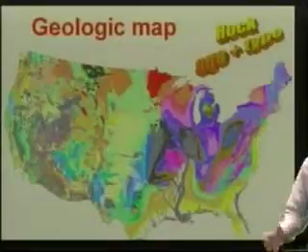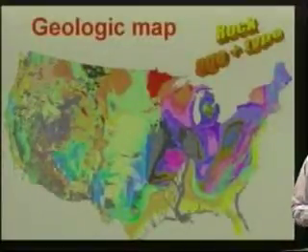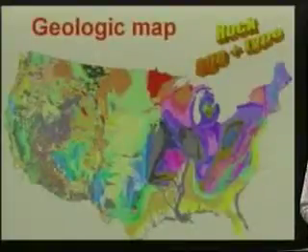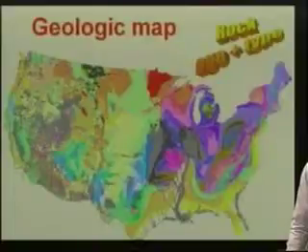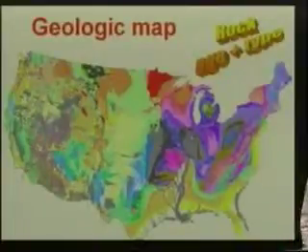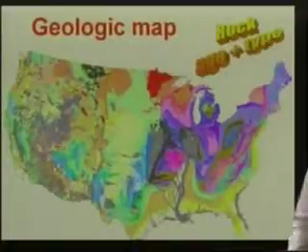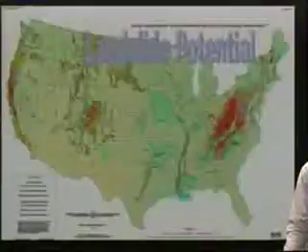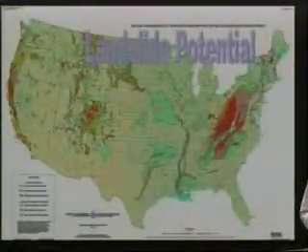So geologists look at all these different kinds of mass movement. All right, we want to know what kind of rock types are involved in our country. So here we have a geologic map of the United States. And so these colors represent different types of rocks of different ages and different styles, different amounts of fracturing and weathering. And so we study that, and from that we make maps that are called landslide or mass movement potential maps.